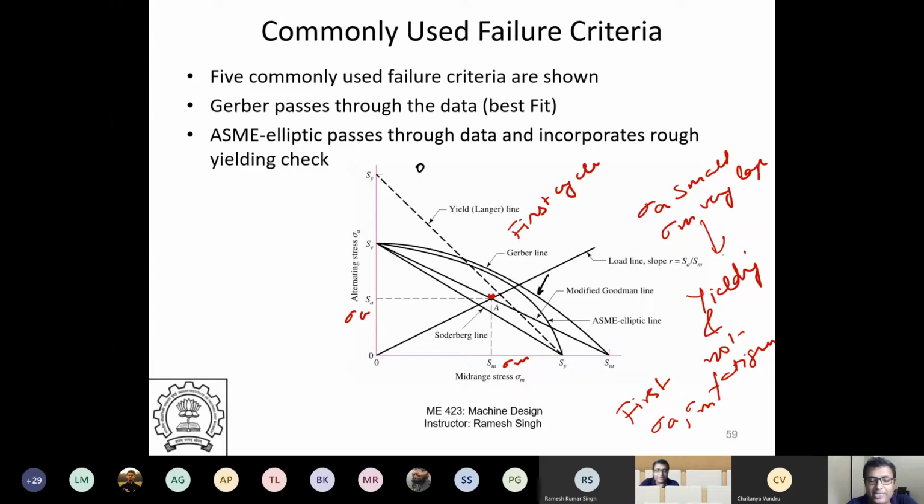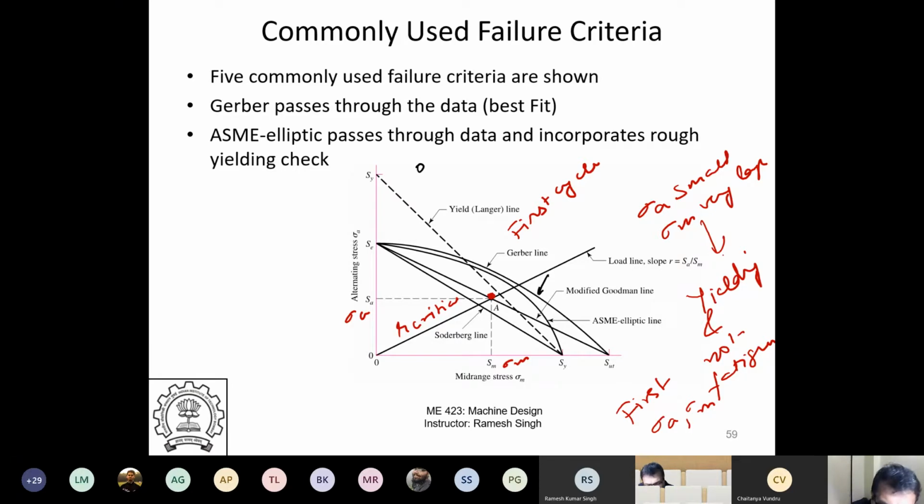If I give a combination of sigma A and sigma M which is right here, it will yield at first go. So this is called R critical, the critical ratio. And if I am here, it basically means that the sigma A and sigma M combination would result in yielding in the first cycle itself.